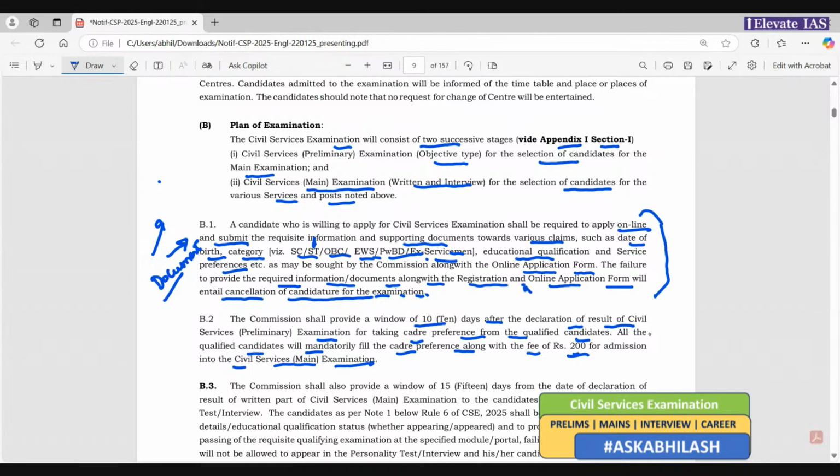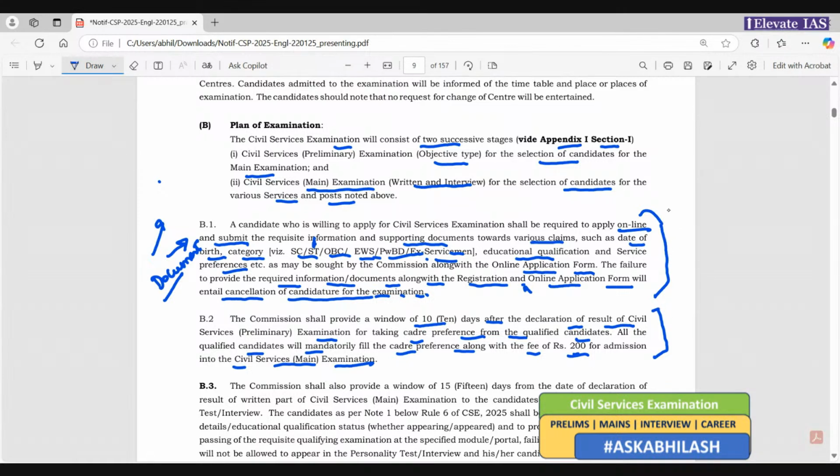Service preference, cadre preference is state wise. This will decide which state cadre you will go to. This will only come to the people who have qualified for civil services mains examination. Okay.